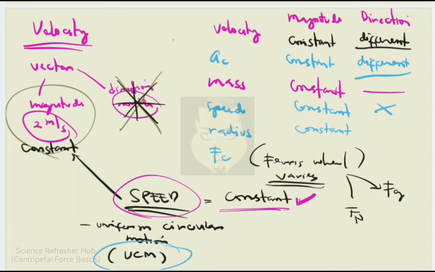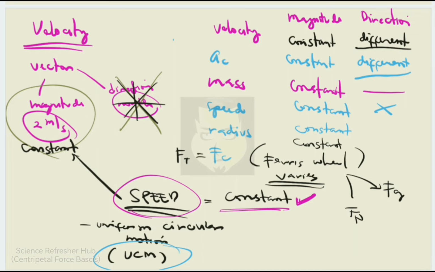The net force of these forces will be the centripetal force, so it changes in different position. It depends upon where the cabin of the Ferris wheel is situated along the rotation of the Ferris wheel. But if our centripetal force is tension force, then it's still constant in that case.